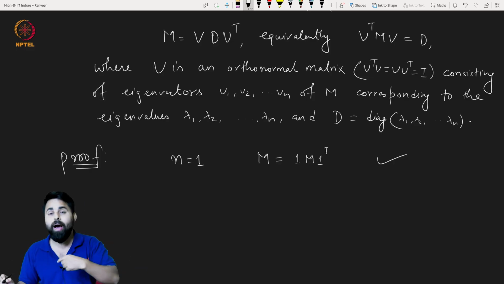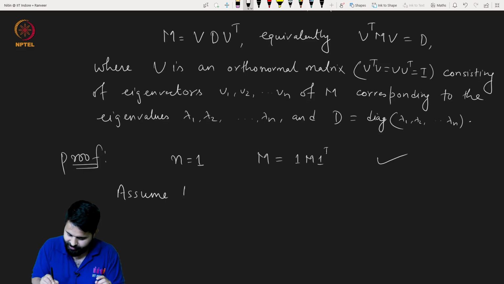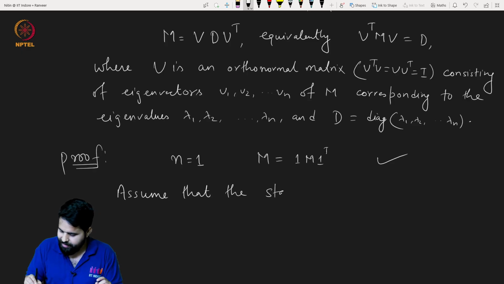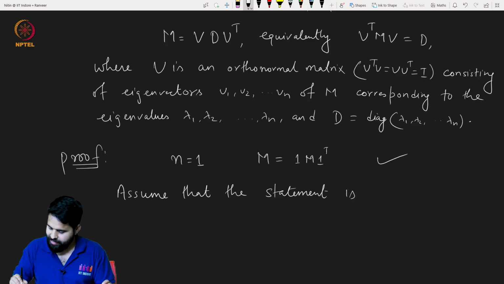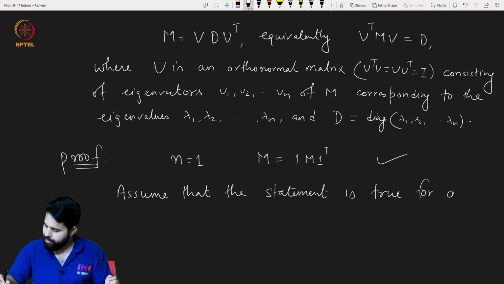Now assume that the statement is true for any symmetric matrix of order n.